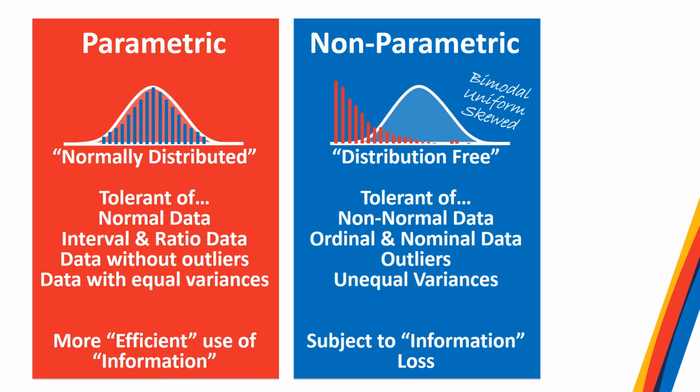These we call distribution-free tests because they don't use the values of the data, they use ranks, which we will talk about in a slide or two. But these are tolerant of non-normally distributed data. They can use ordinal and nominal data types, they're more tolerant of outliers, and they can allow for unequal variances. Some of them can.